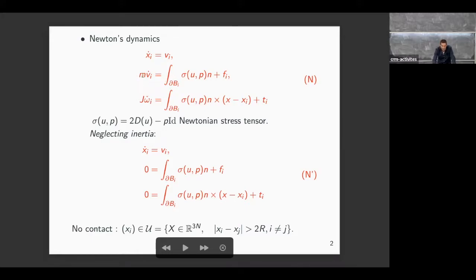Okay, so this m here is the mass. This matrix J here would be the moment of inertia of the particle. And this sigma of u, p, as usual, is the Newtonian stress tensor. Just to fix notations, this d of u is the symmetric part of the gradient.